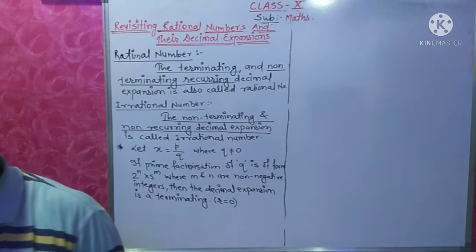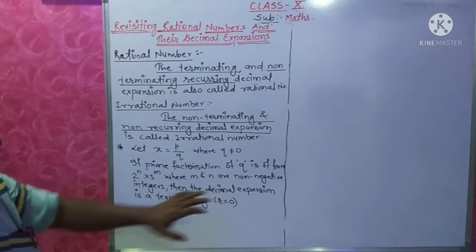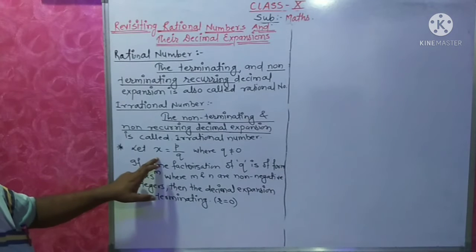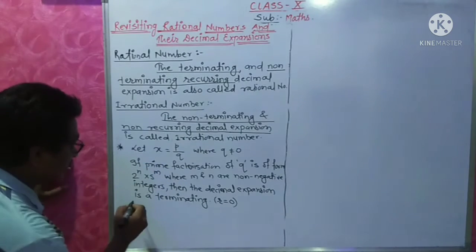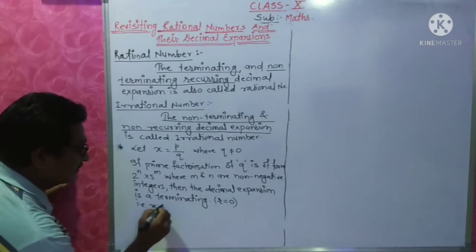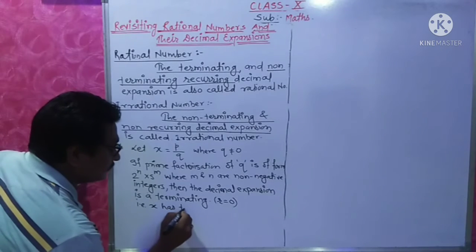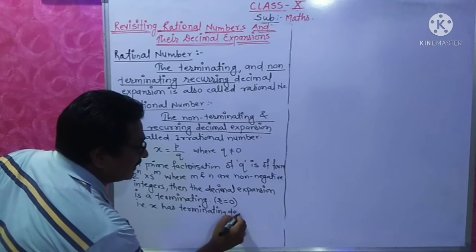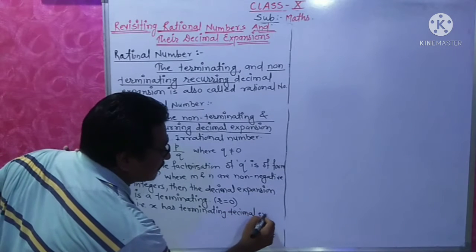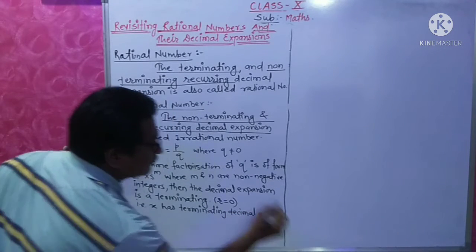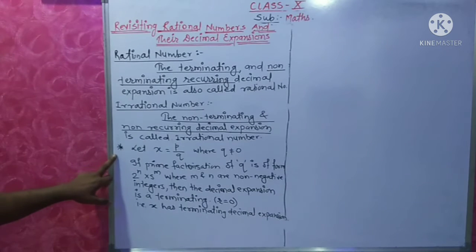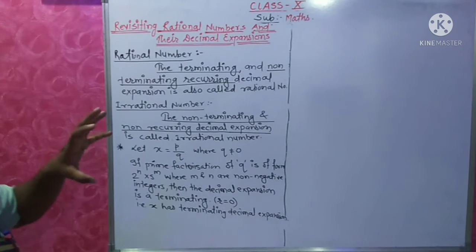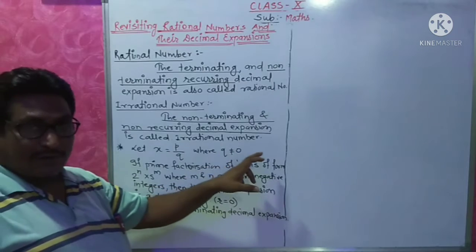Then the decimal expansion is a terminating decimal expansion, that is, x has a terminating decimal expansion. So x equals p by q, which is any fractional number where q is not equal to 0.